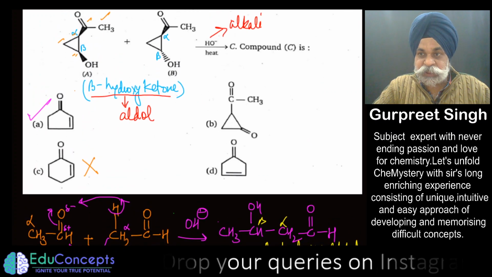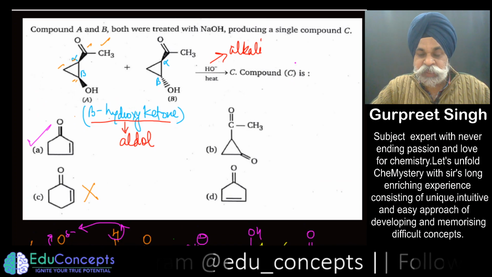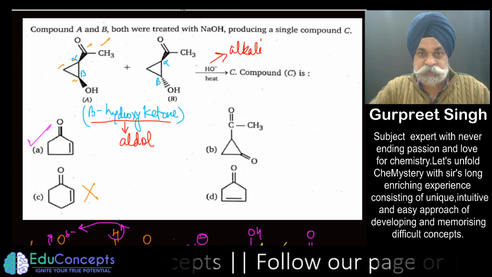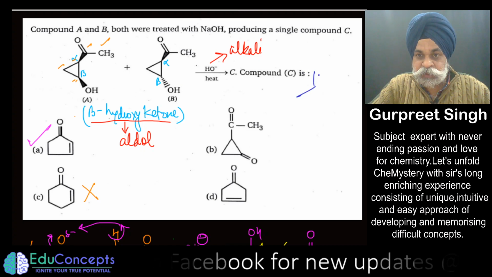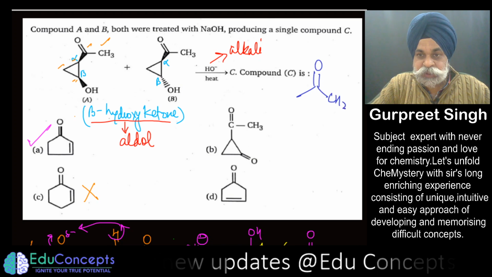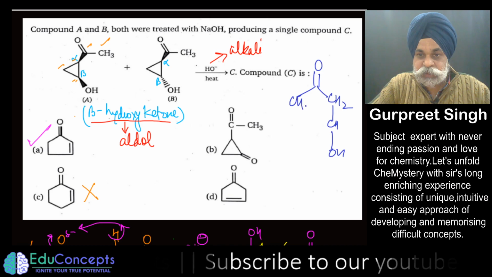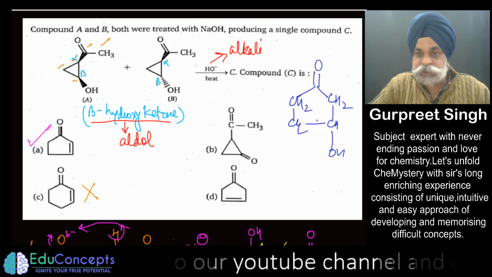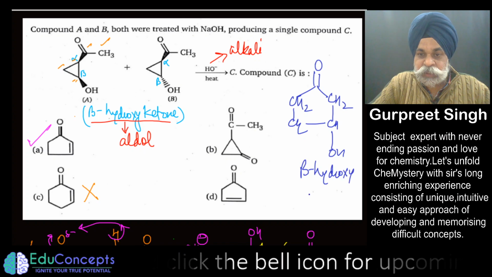Now, beautiful question it was. From the beta hydroxy ketone you would have generated, let me draw it here, this compound: CO, CH2, CHOH, CH2, CH2. You generated this compound which is a beta hydroxy ketone.